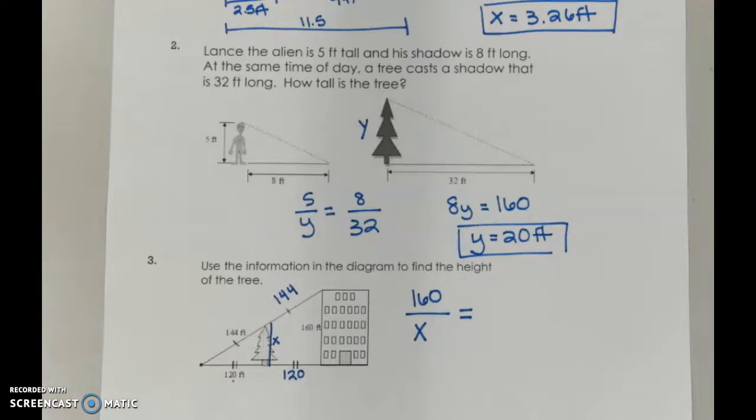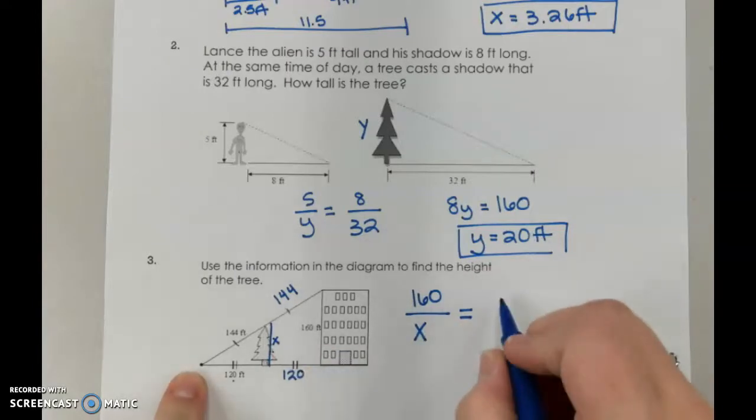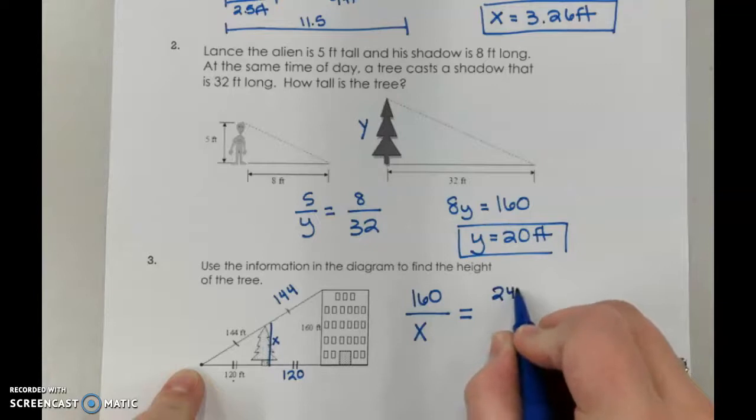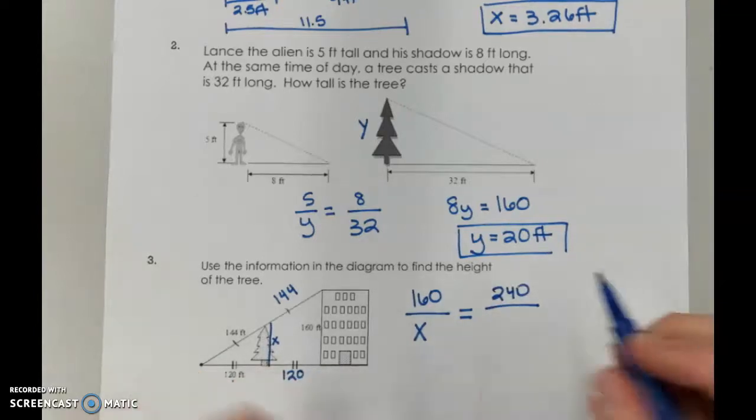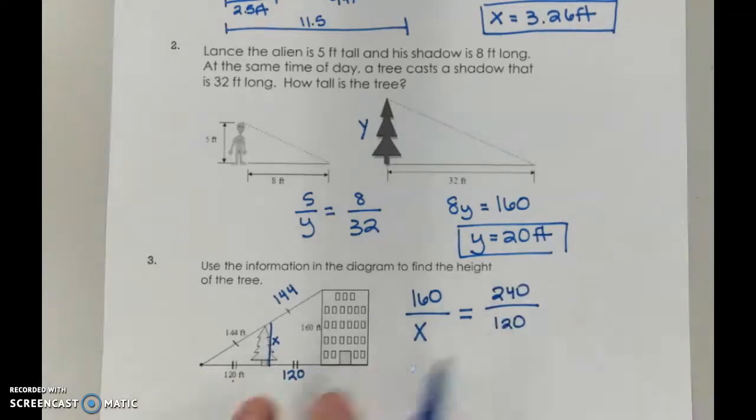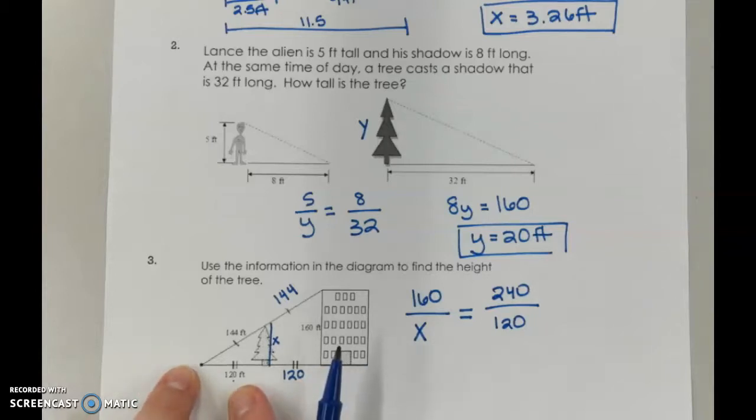Either way is acceptable. I'm just going to go with the bottom one. So the height of the building to the height of the tree to the base of our larger triangle to the base of our smaller triangle. So the base of the larger triangle is 120 and 120, which is where the 240 came from.